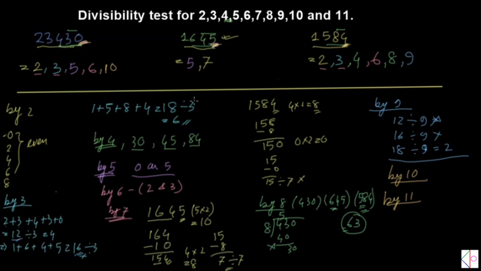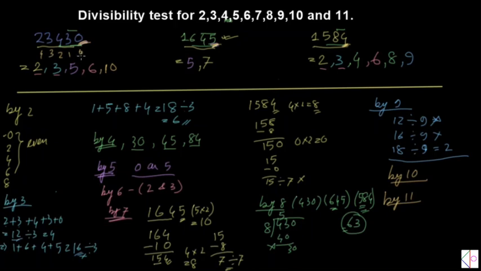So next, for 11, the rule is a little bit different. If the difference between the sum of the digits at odd places from the right and the sum of the digits at even places of the number is either 0 or divisible by 11, then the number is divisible by 11. Let us take the places of the values: 0, 1, 2, 3, 4.